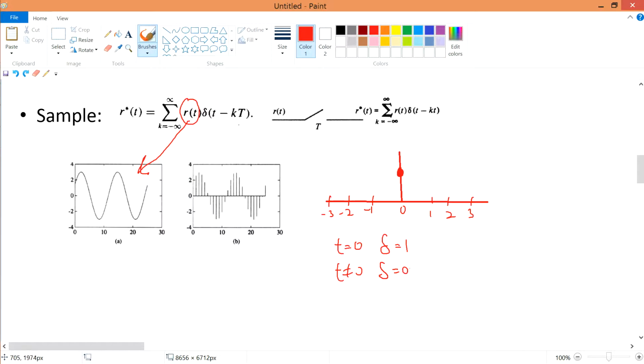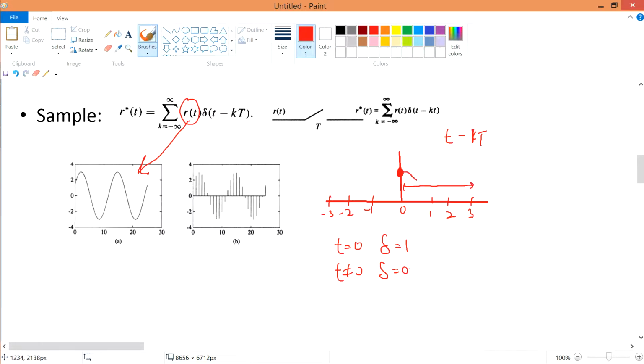But how does this kT come in? If you still remember, this kT is simply the shifting. So in t minus kT, kT can be this kT, can be this kT, depending on the k you're talking about. If it's 1T, this means that you have one period.